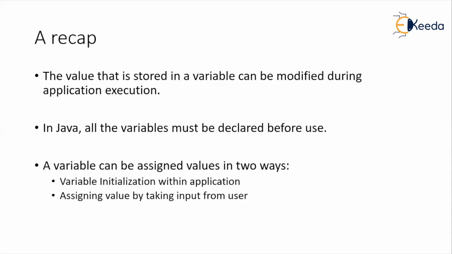For example, in many applications you will be given a prompt like enter first name, enter last name, enter age. The application accepts input from the user, and then that data is assigned to that particular variable. So these are two ways of assigning values to the variables which we have declared in our application.